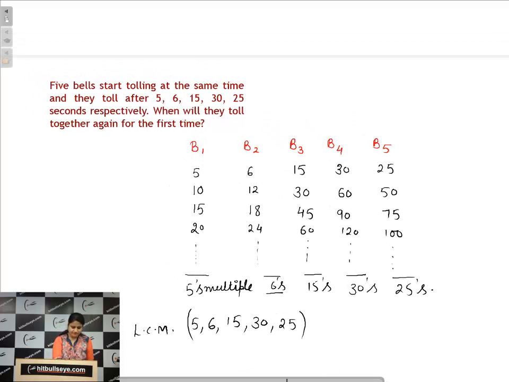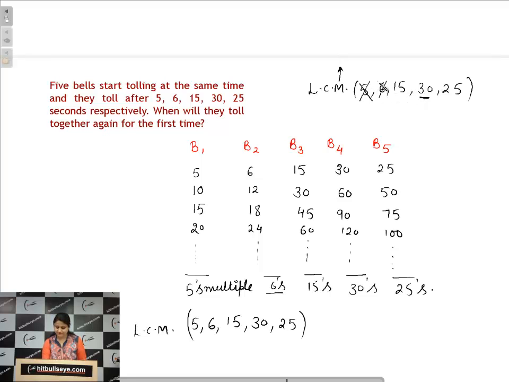See, we are interested in least common multiple of 5, 6, 15, 30, 25. Since we are interested only in multiples, that's why we can strike out all the factors. See, in case of 30, you can see 5, 6, 15. They all are factors of 30.